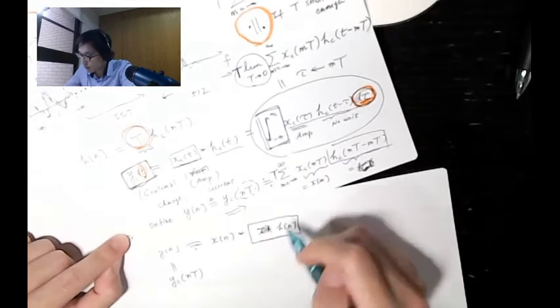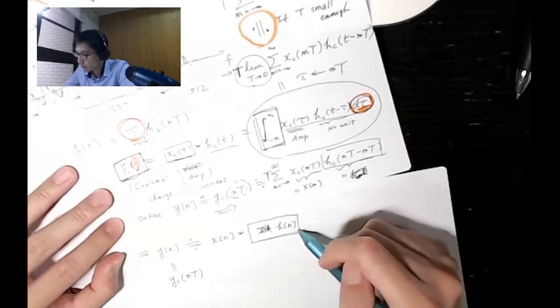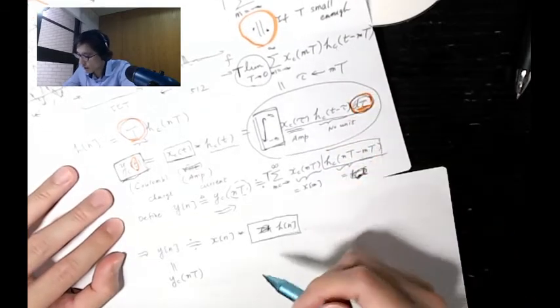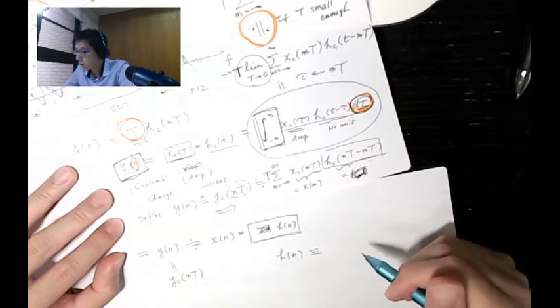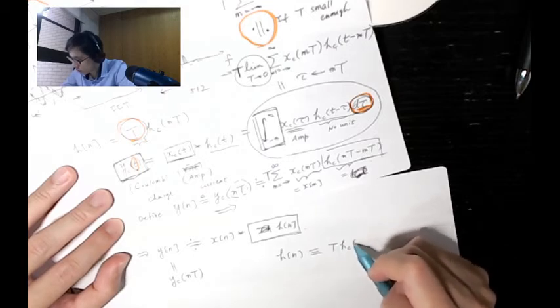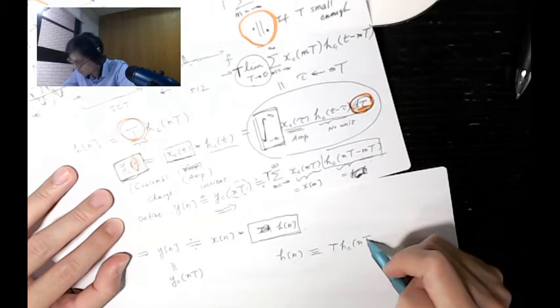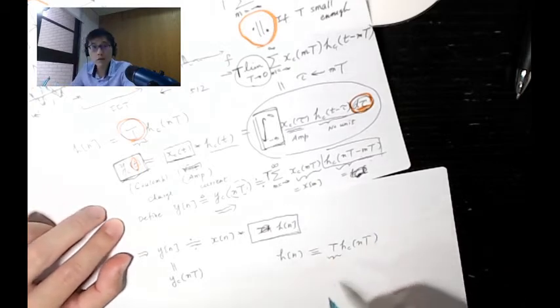Just by comparing the coefficients, you'll see that this h of n really is equal to t times hc of n times t. That is to say, this t comes from Riemann sum.